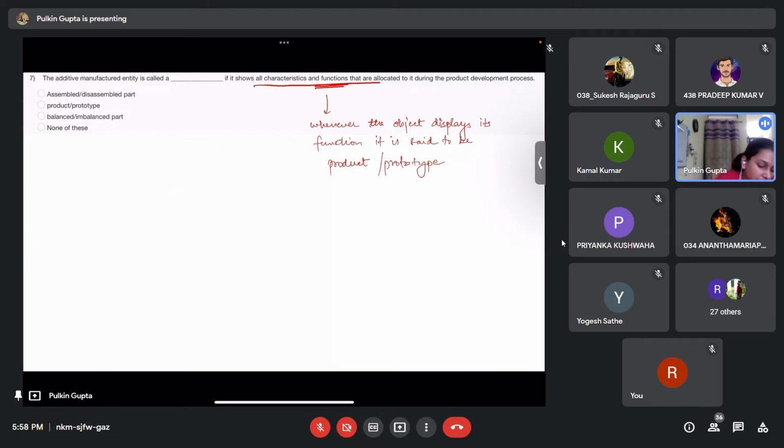So the answer is product or prototype, as it is showing all the characteristics.